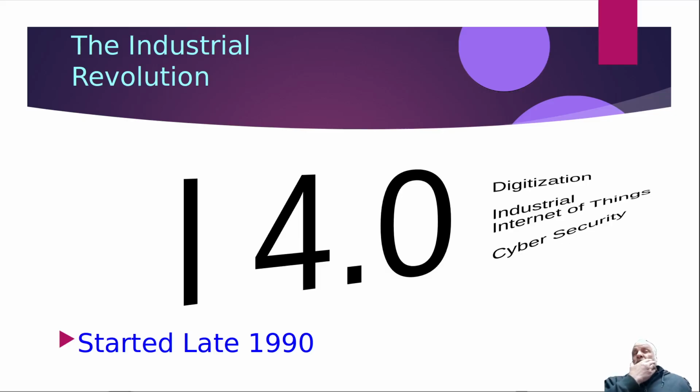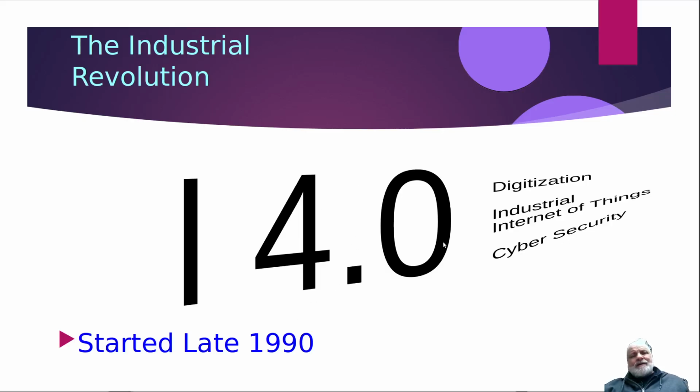All right, so we've talked about the first three revolutions. So here we are into what has been coined I 4.0, or the fourth industrial revolution. And actually, this kind of started maybe in the late 1900s.